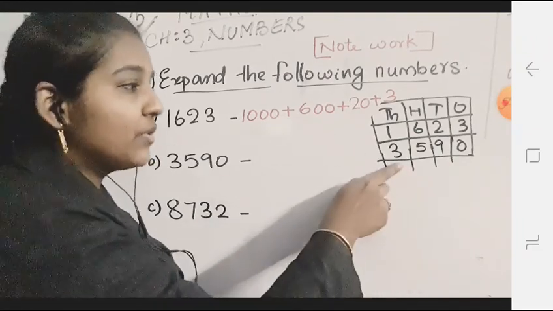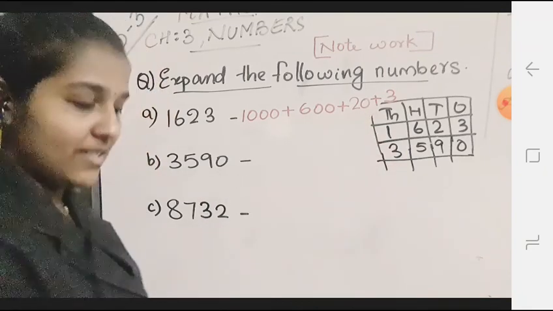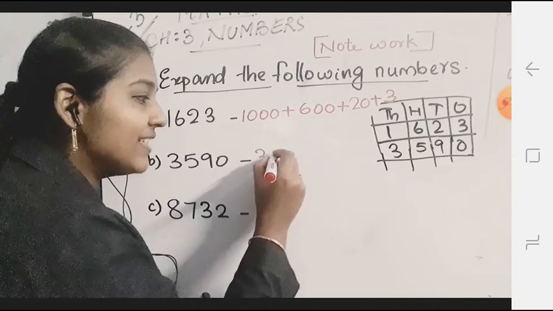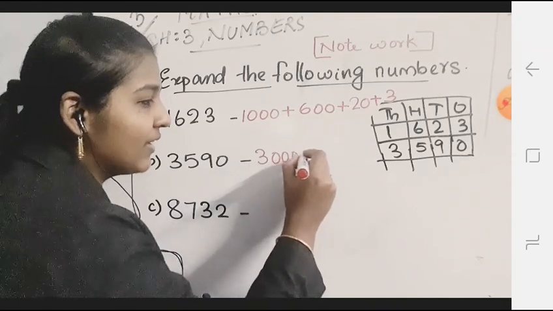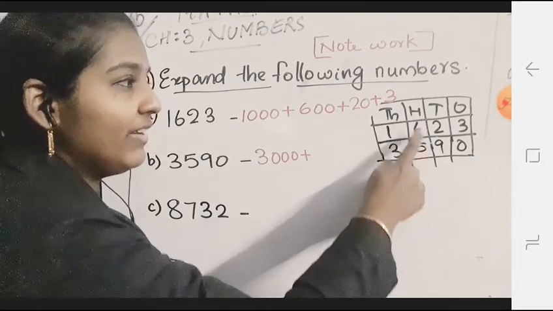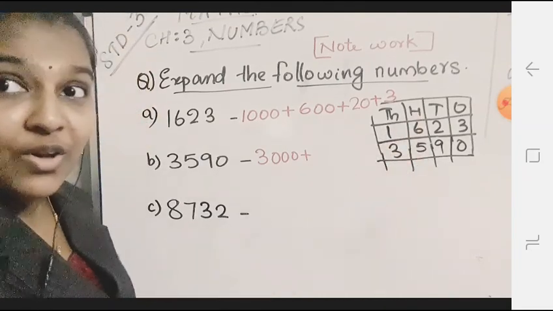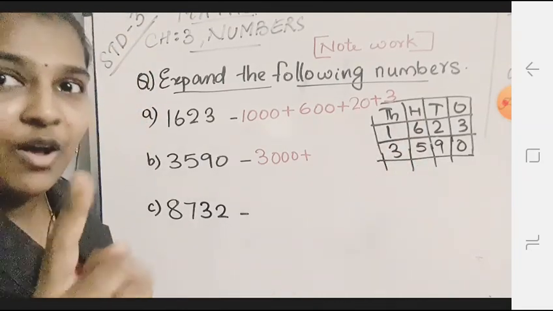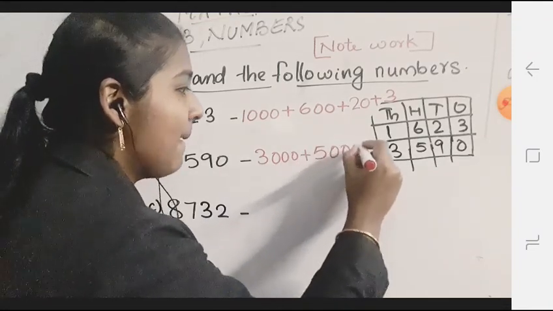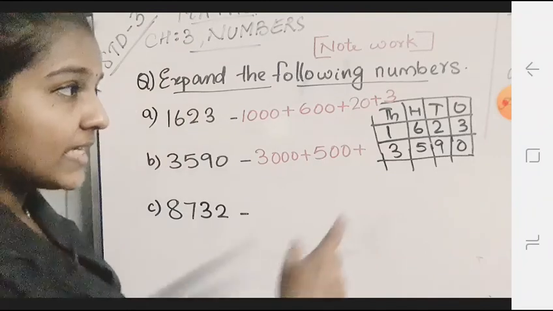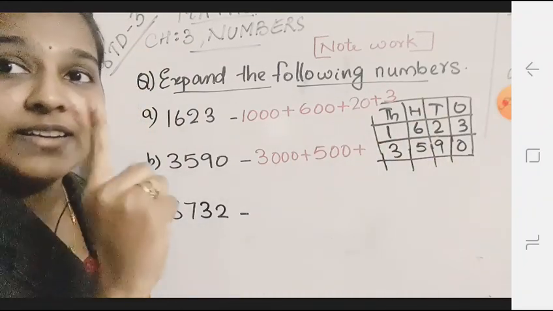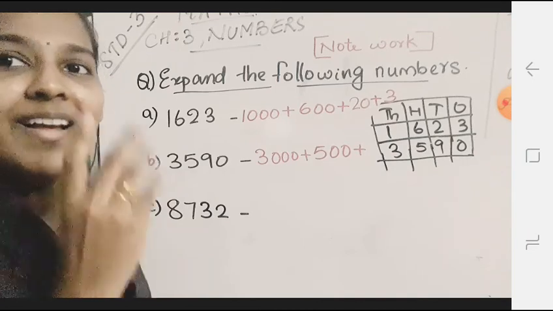So here 3 in thousands place. So the number is 3 into 1000. That is 3000 plus, then 5 in hundreds place. So 500s are 500. 500 plus. Now the next number, 9 is in tens place. So 9 tens are 90.